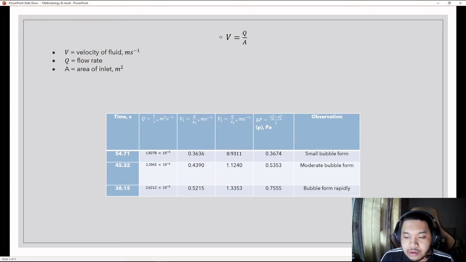We can also observe that the pressure inside the aerator is also increasing with respect to the number of turns of the pipe. So we can conclude that the faster the water flow, the higher the pressure.